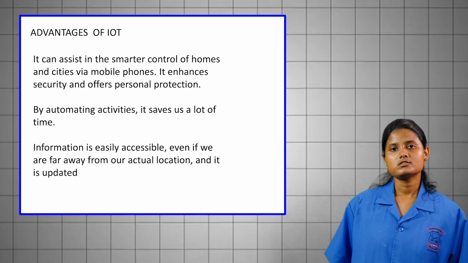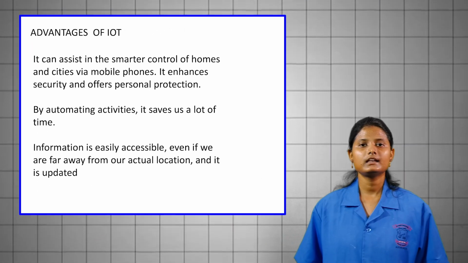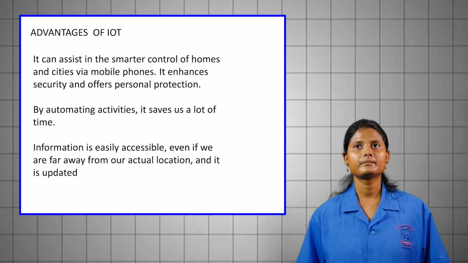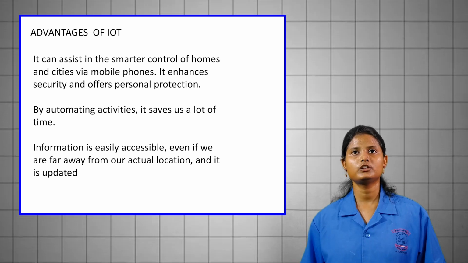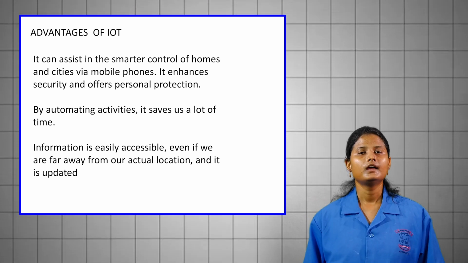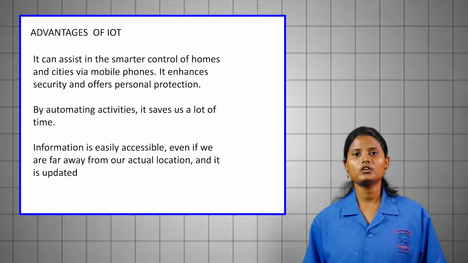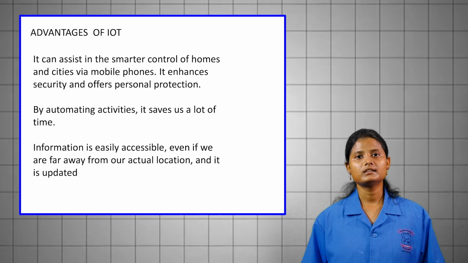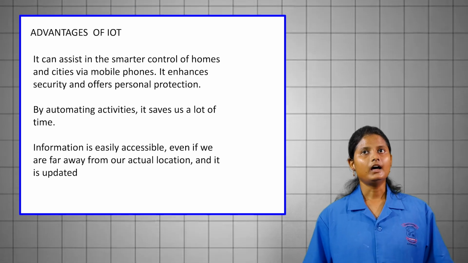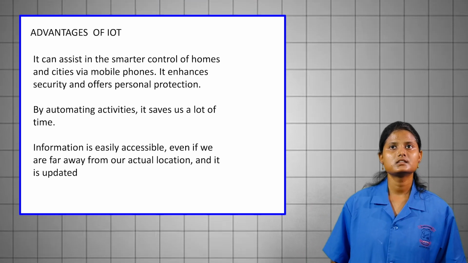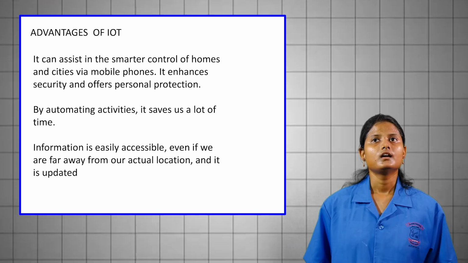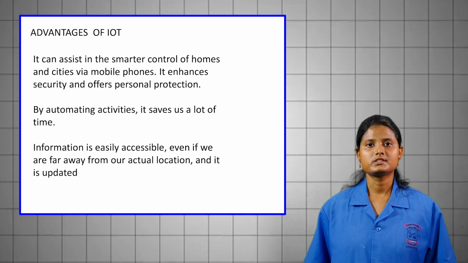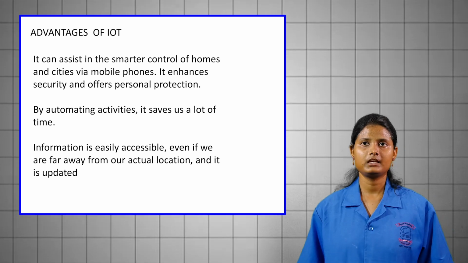Next, advantages of IoT. The main advantage of IoT is the security process. It secures all the devices from other damaged machines, and it enhances personal protection. It saves a lot of time compared to other applications.